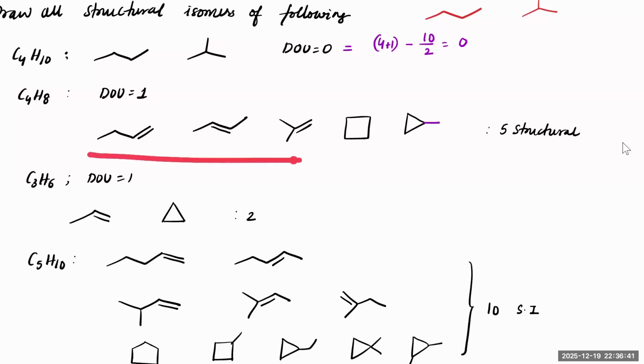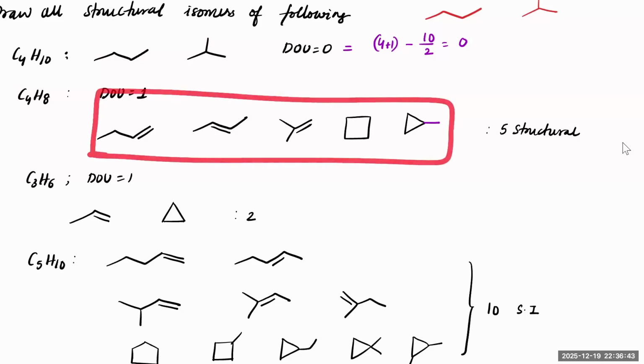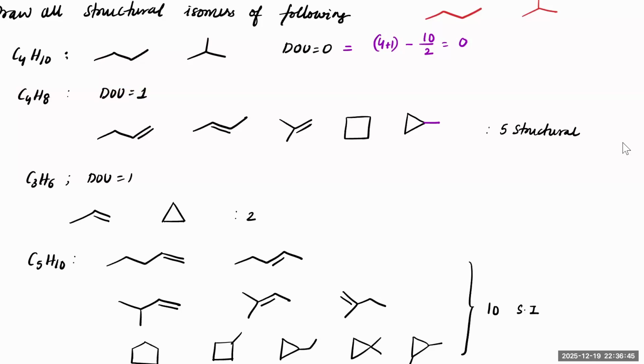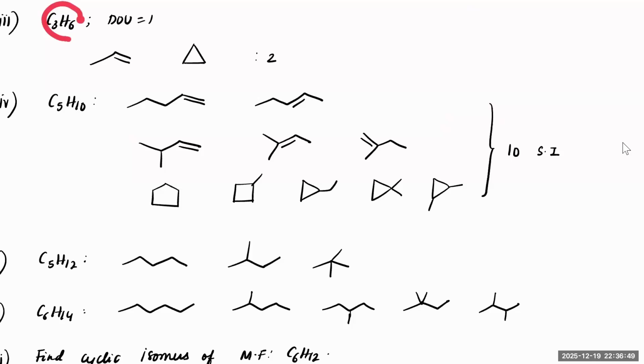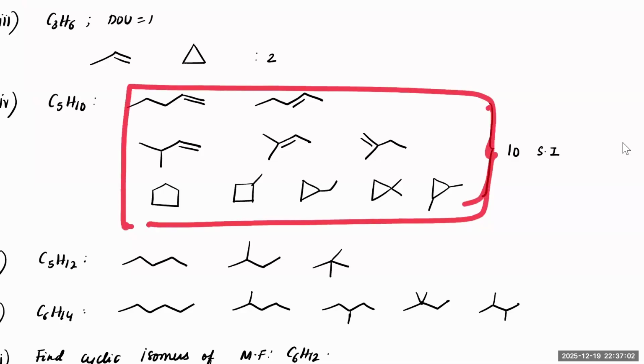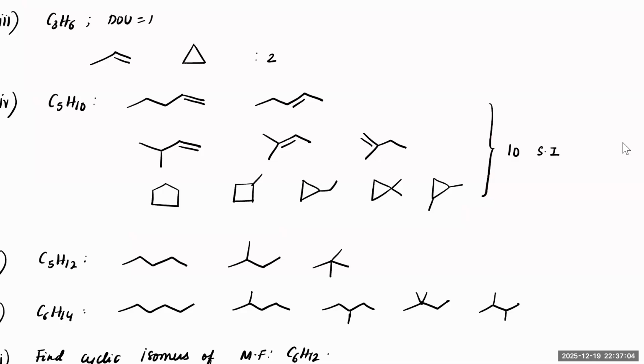I am getting a total of 5 different structural isomers. Next, C3H6, degree of unsaturation is 1. So these two are possible. If you have C5H10, how many are possible? 10 such kinds are possible. You can see these are 10 such kinds.